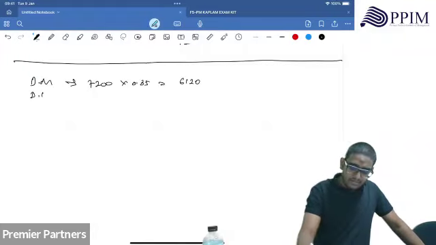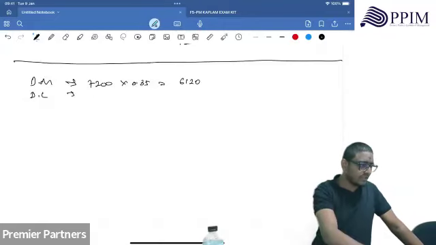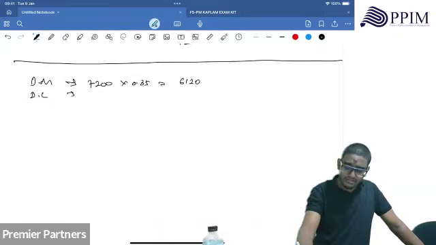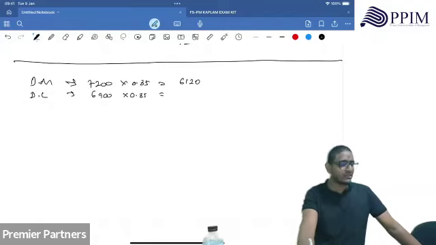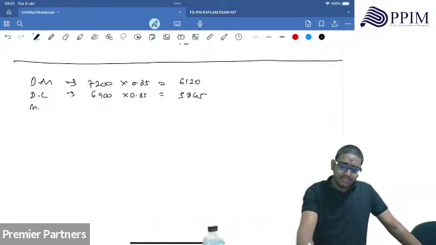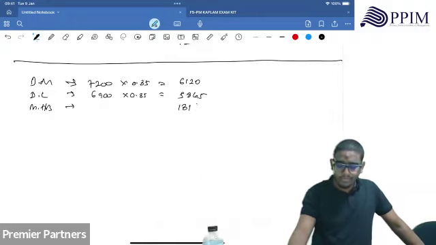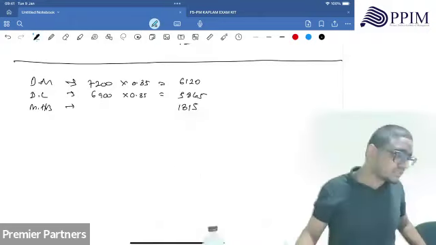Then direct labor, again 15% less. So direct labor was given as 6,900 into 0.85, 5,865. Good. Then machine hours, is it reducing? No. It's the same, no? So that will be 1,850. Okay. Now build your equations out.